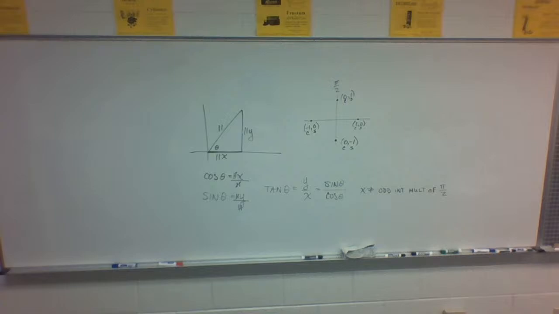Number 3, for exactly 3 of these functions, both sides of the equation are undefined when theta equals 0. Both sides are undefined when theta equals 0. Which 3? Cosecant is one of them. Cosecant is not defined when theta equals 0, and 1 over sine is not defined when theta equals 0.